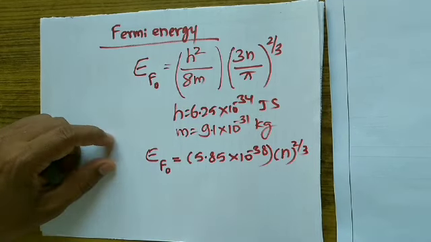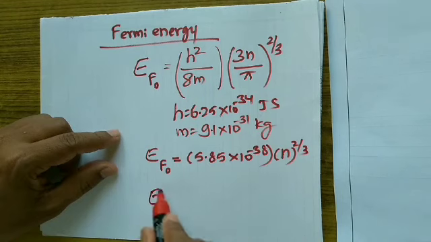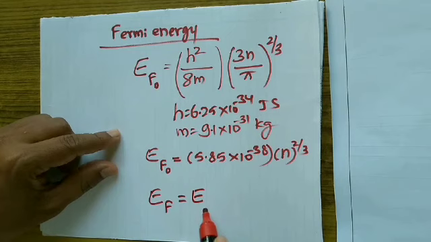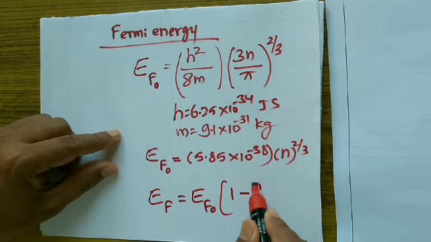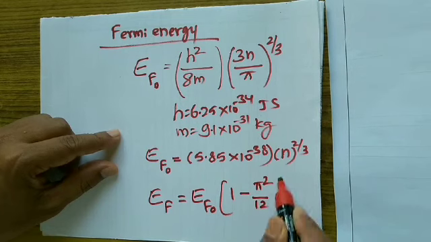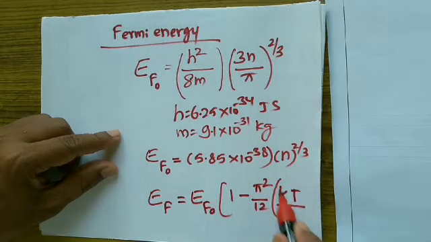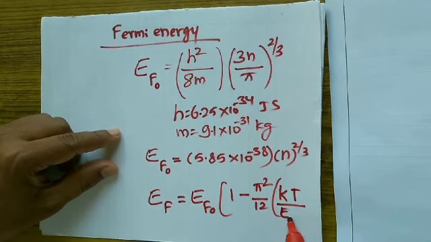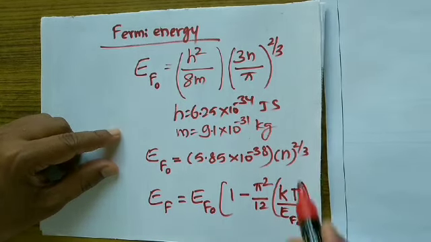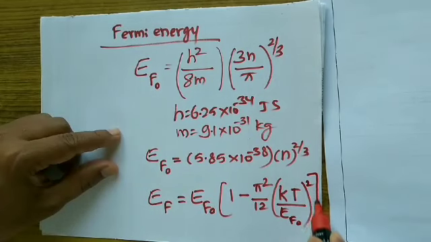And at a high temperature, the expression is given by EF is equal to EF naught into 1 minus pi square by 12 into kT by EF naught, whole power 2.